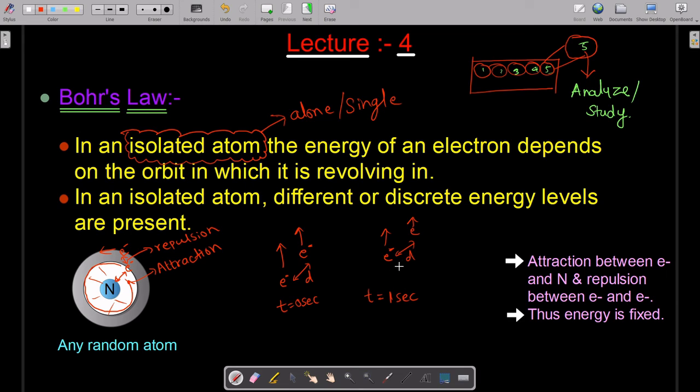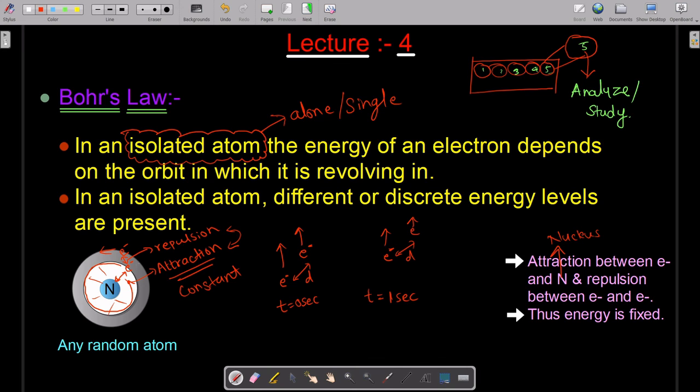So since the distance was the same, the repulsion and attraction force remain constant throughout. But mark my word, the attraction is between the nucleus of an atom and the electron, and repulsion is between electrons and electrons.